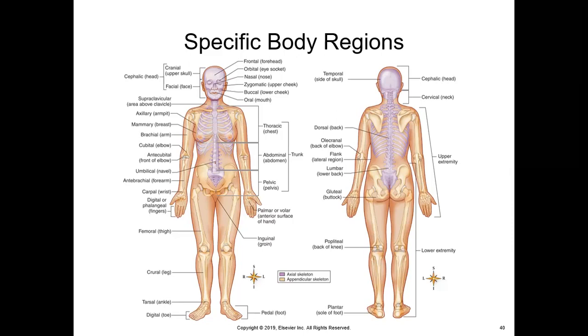I want you to know the red numbers 1, 2, 3, 4, 7, 9, 12, and 13. Those red numbers, I want you to be able to identify those bones on the frontal view or anterior view and the lateral view of the skull. And that's it for exercise 12.